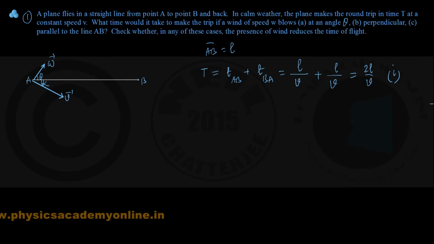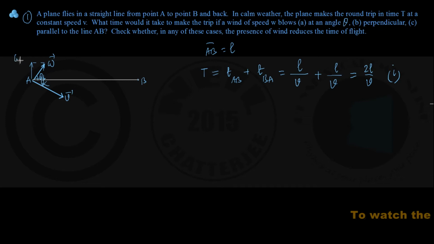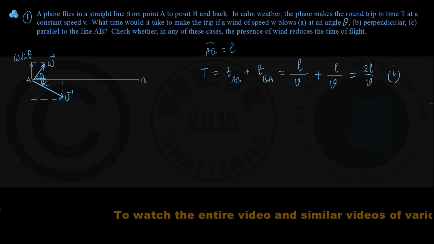Let me show it also graphically here in my figure. Suppose W is resolved into its two components, and this component perpendicular to AB is W sine theta, and similarly V is also resolved into its two components.